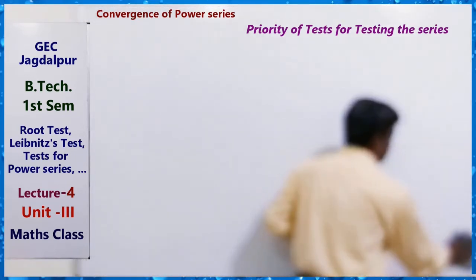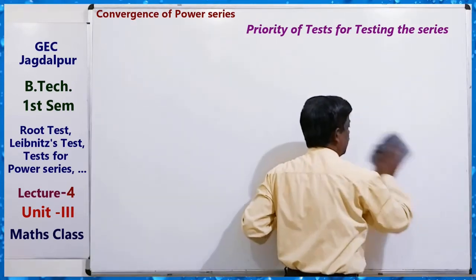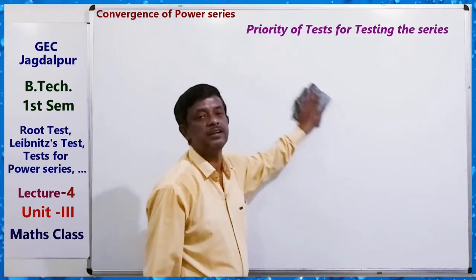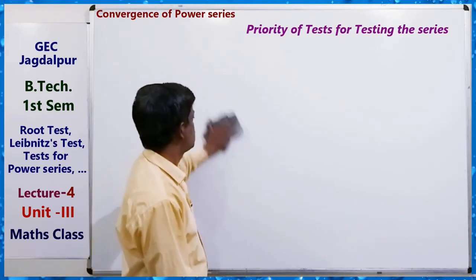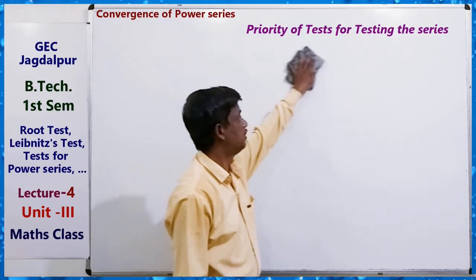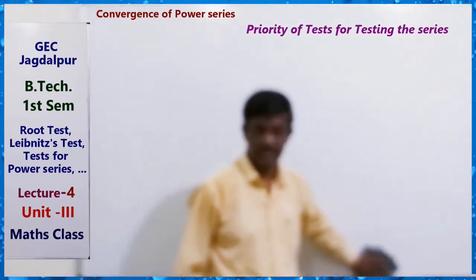first find nth term and find the limit of un. If un tending to 0, then by Cauchy's fundamental test series will be convergent. And if tending to 0, then we can use comparison test.